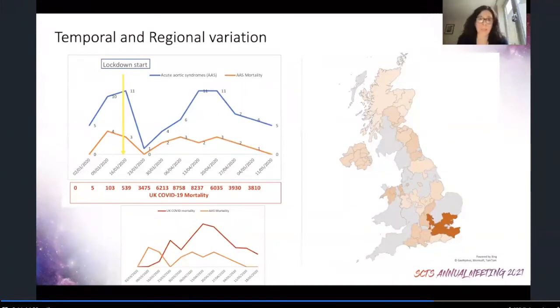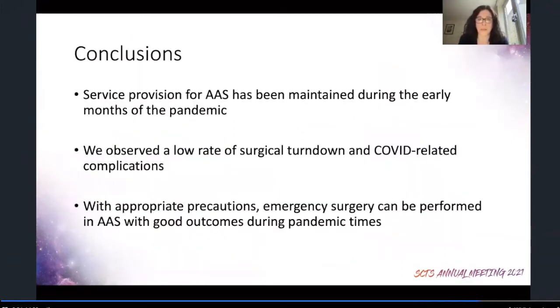In terms of regional variation, when comparing to pre-pandemic times, we have seen the majority of centers have maintained the same activity as previous year, apart from London, where 2 centers concentrated all the referrals for the region as they were designated as COVID-free areas.